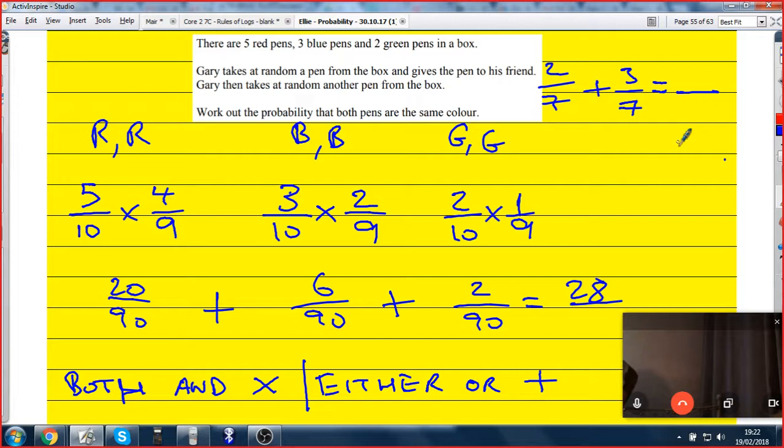That's it. So it's basically 20 chances, 6 chances, 2 chances. The total chances is 90, and so it's 28 chances out of 90. Any questions about anything there? No. So this is probably the hardest topic that there is. I think second hardest. I think vectors is harder, but this is usually the very last topic.